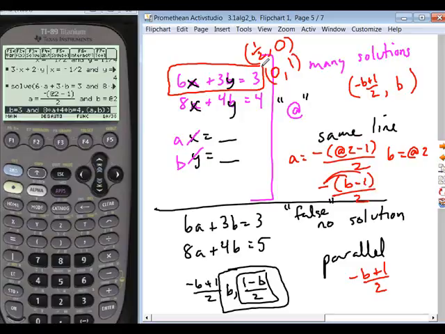Okay. So the last thing I want to do here before we go is talk about what happens if you have 3 equations in your system.